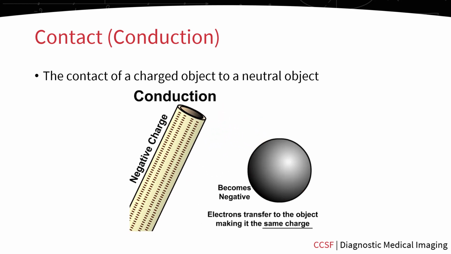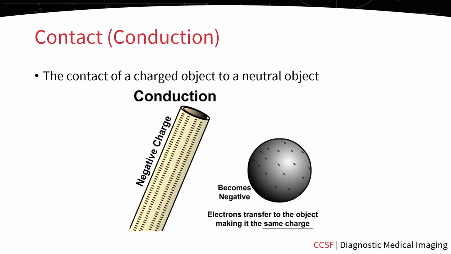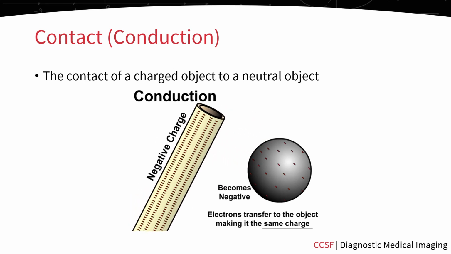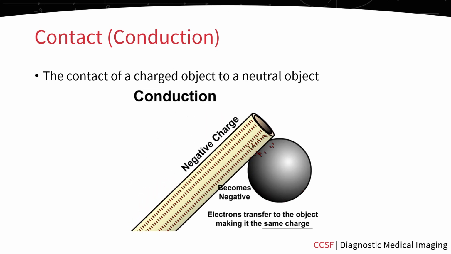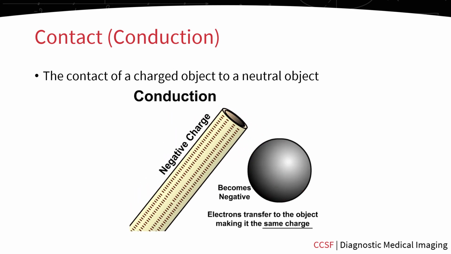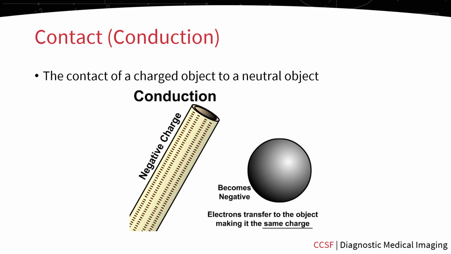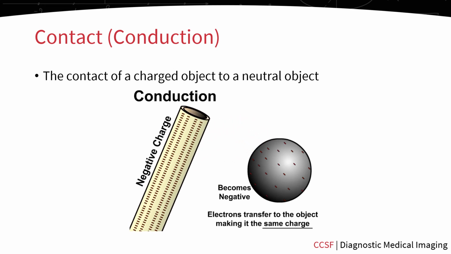Contact or conduction is the physical contact of a charged object to a neutral object. Suppose that a negatively charged aluminum rod is touched to a neutral metal sphere. The neutral metal sphere becomes charged as the result of being contacted by the charged aluminum rod.